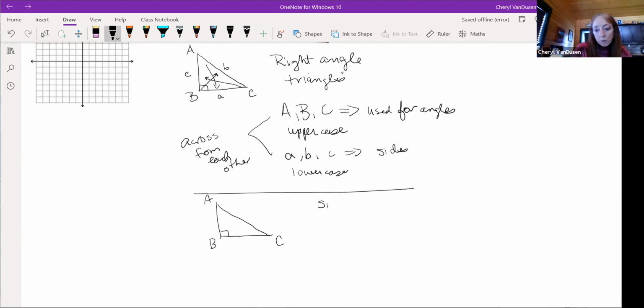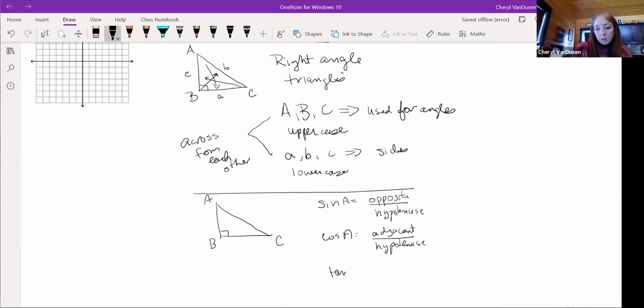So hopefully we know that sine is identified as the opposite side, and I'll just use angle A as my reference, over the hypotenuse. Cosine is identified as adjacent over hypotenuse.